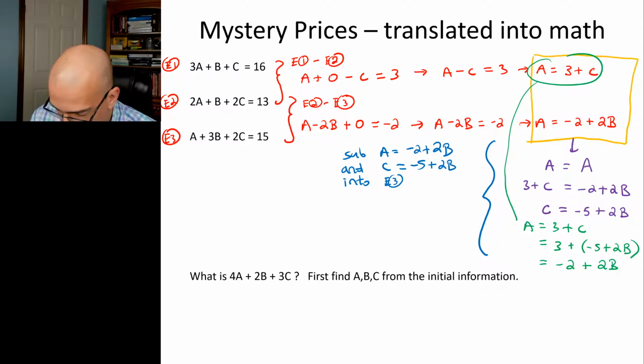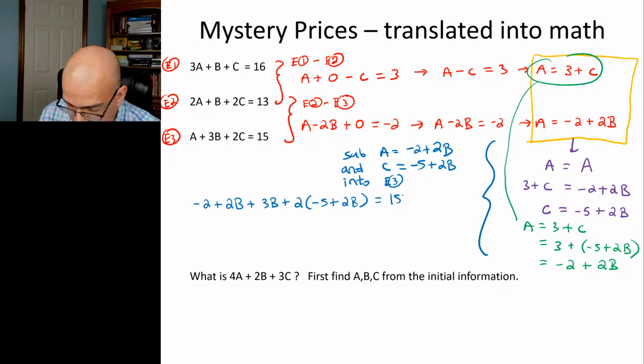So here we have negative 2 plus 2b plus 3b plus 2 times c, so plus 2 times negative 5 plus 2b is equal to 15. I'm going to collect like terms. We'll actually simplify the brackets first and collect like terms.